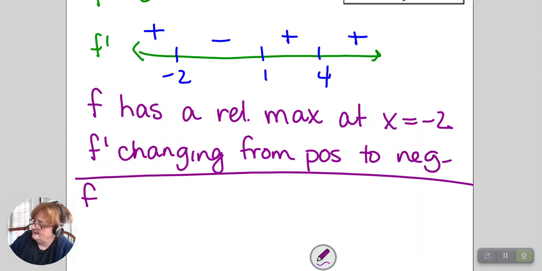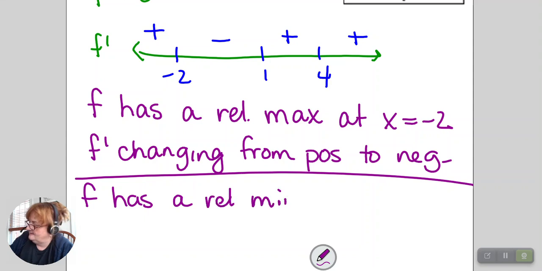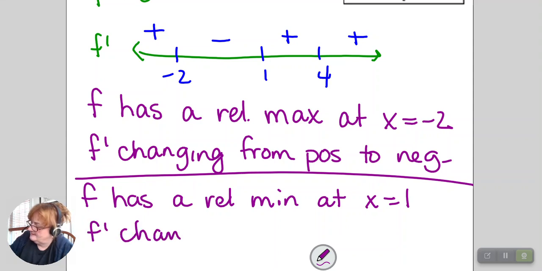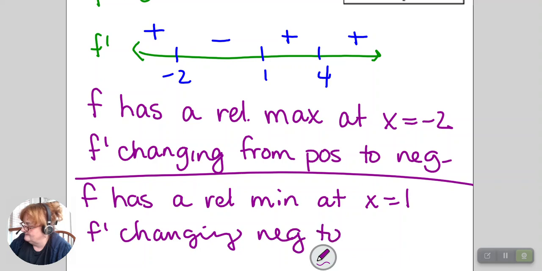I also know that f has a relative min at x equals 1. F prime changing from negative to positive.